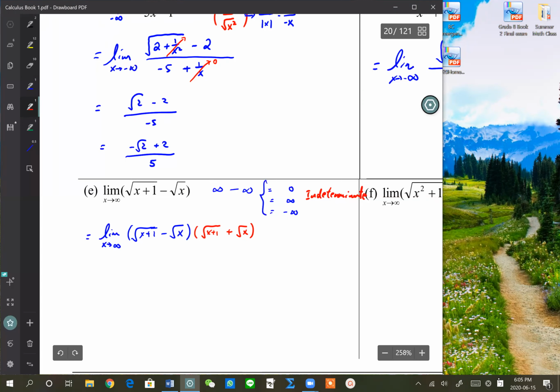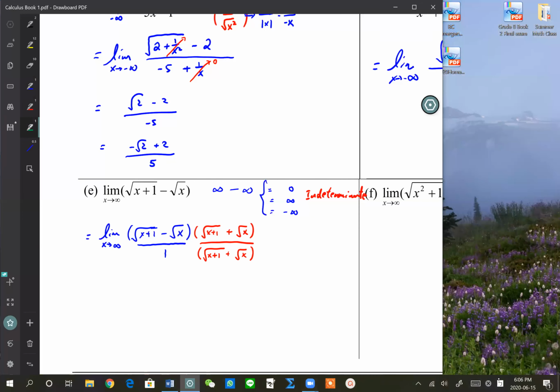And I cannot just multiply by that; I have to multiply top and bottom. So it's like multiplying by 1, so it doesn't change the question. The left side is like having an invisible 1 in the denominator. So this thing is called the conjugate.